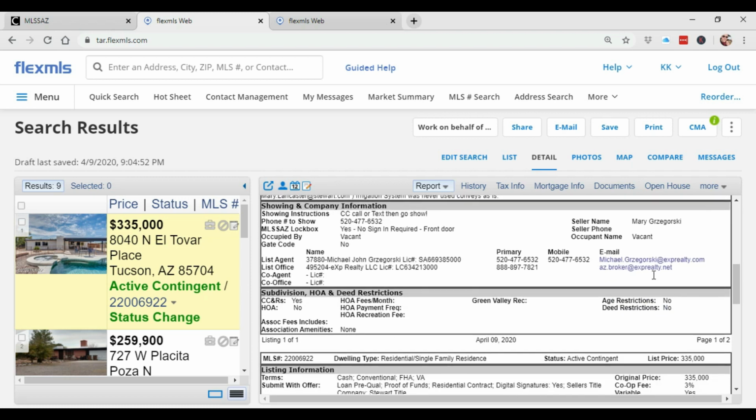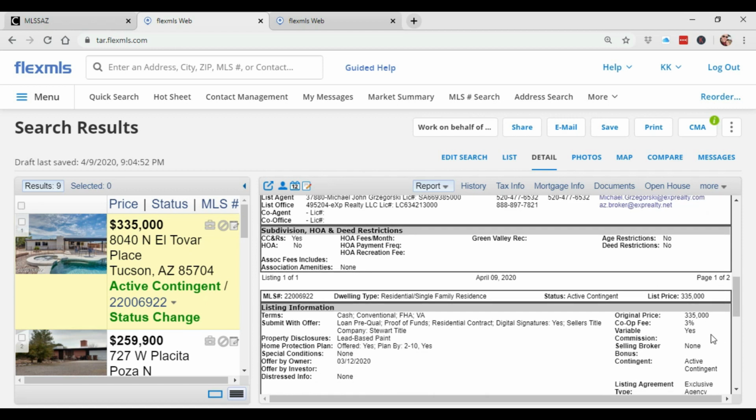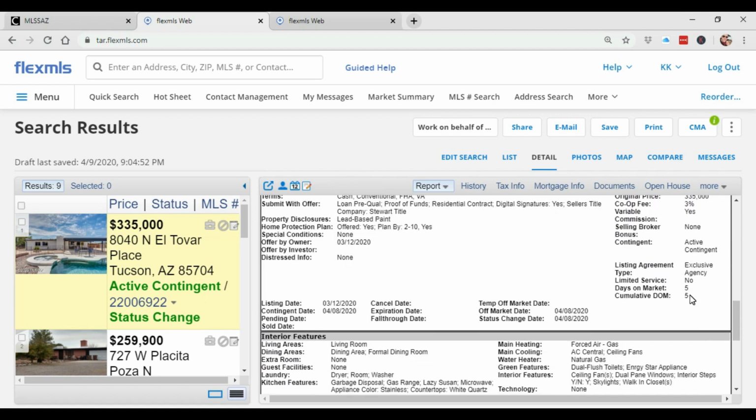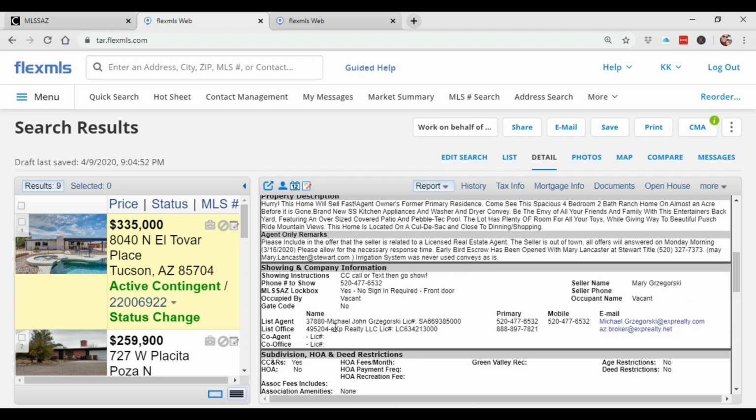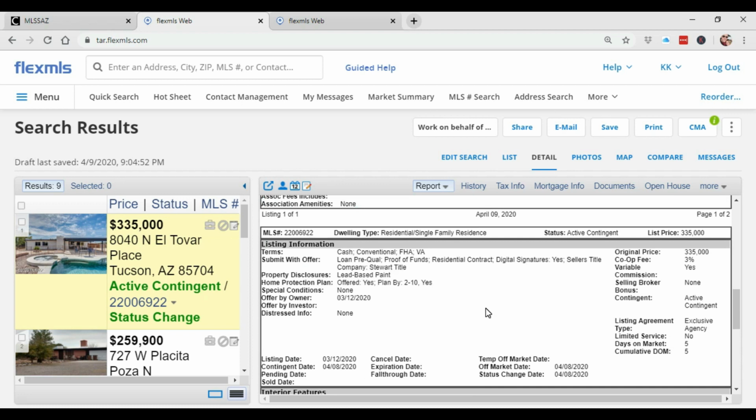Let's see here. It took them 5 days to get it under contract, so that's good. 335 is what they're asking. They're offering out 3% commission, so I'm going to guess... Let's see. Yeah, it's EXP Realty, so who knows? I mean, they might have charged 5, 6, 7. Who knows what they charge? It's completely negotiable, but you figure it's probably 2 at the minimum that they've got on their end, so it's a minimum of a 5% commission.